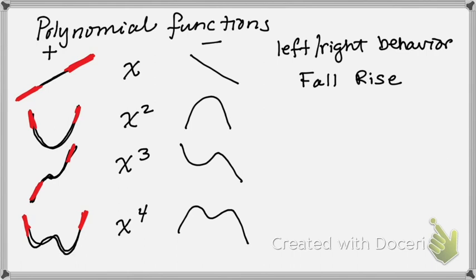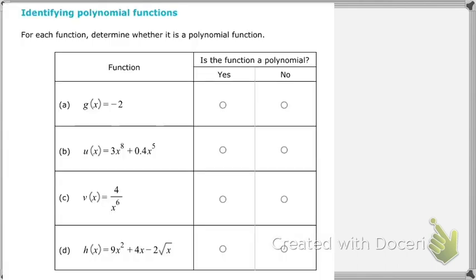First of all, I want to look at what is a polynomial and what is not. If you look at these functions here, there are polynomials and there is one that is not a polynomial. So first of all, you see this one?